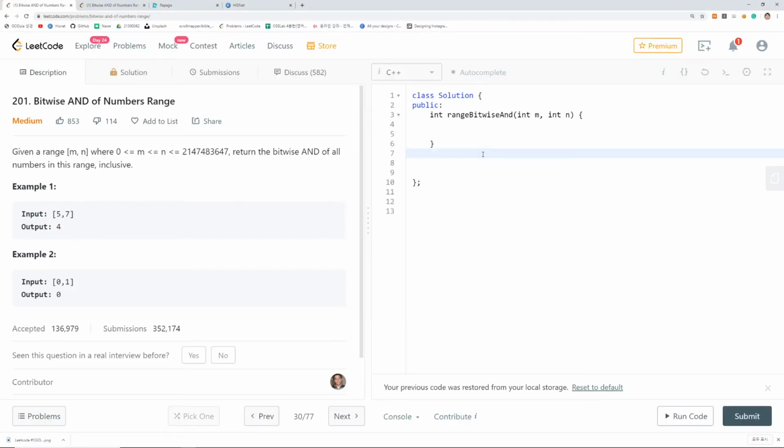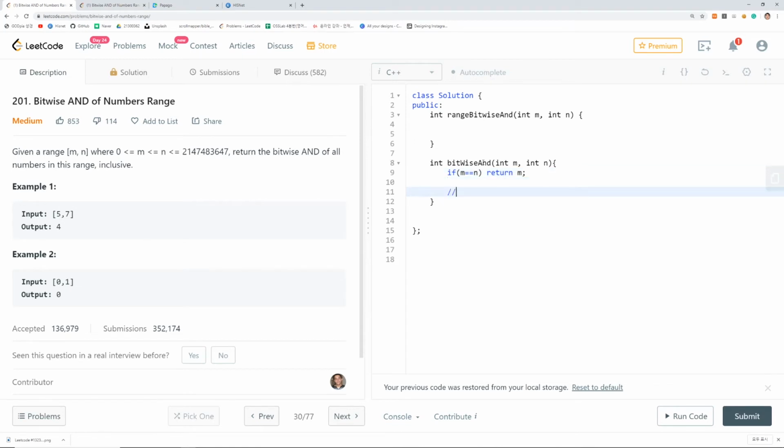Alright, then let's dive into the code right now. I'm gonna use the bitwise AND function, which takes parameters m and n. First I'm gonna compare those two numbers, because if the two numbers are the same, I'm gonna return the number itself.